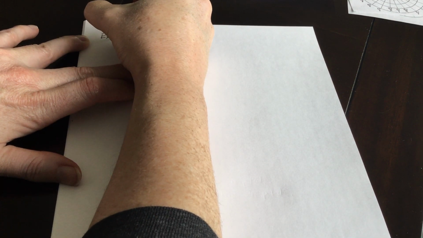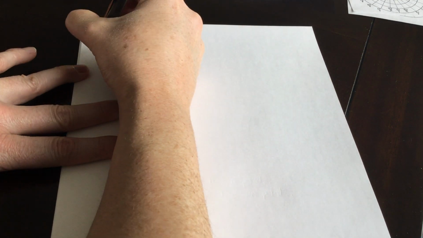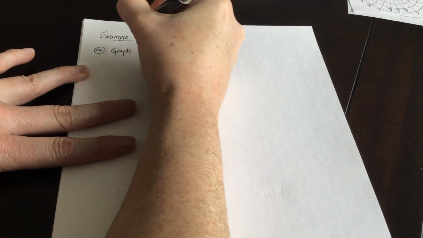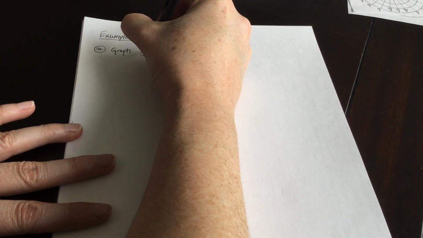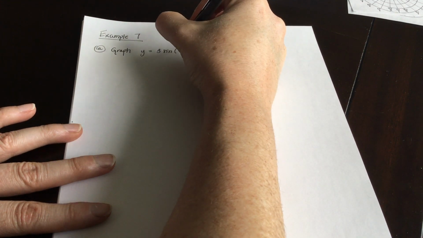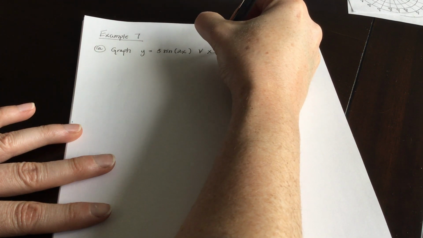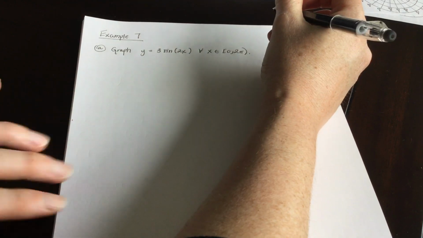Part A, let's have you graph, and we're going to go back to an xy plane. We're going to have you graph y equals 3 times the sine of 2x for all x from 0 to 2 pi.